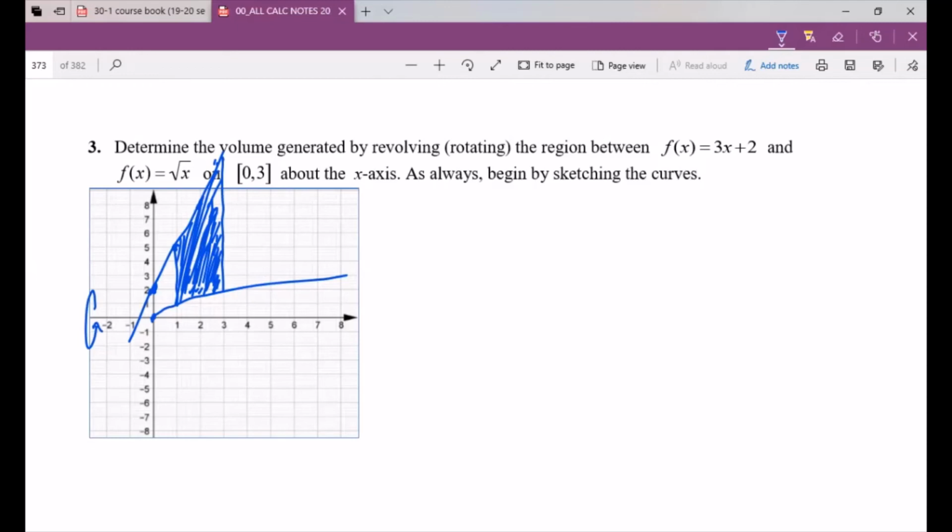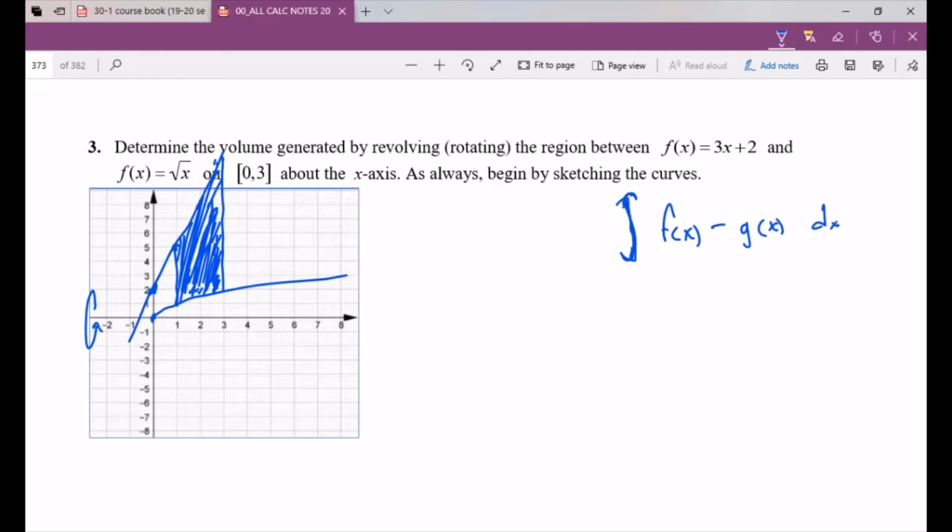Now, what is that going to look like? Well, when we were looking for area between two curves, remember that we took our upper curve and subtracted our lower curve and took the integral of that. This is what we were doing previously when we wanted to find the area between two curves.